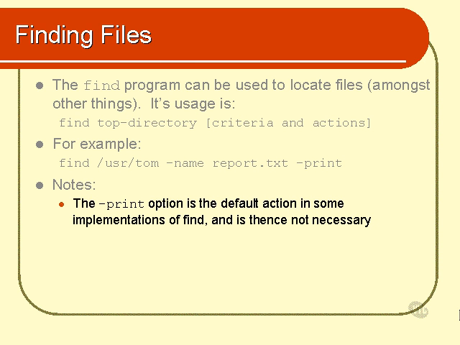In other words, you can type in find /user/tom -name report.txt, and there could be several report.txts inside the /user/tom branch, but they won't appear on the screen because you neglected to put in the -print option. It's very annoying, and people sometimes forget to do that, and they wonder why they don't get any results. But on other implementations of Find, it is the default action. You don't need to put it in at all.